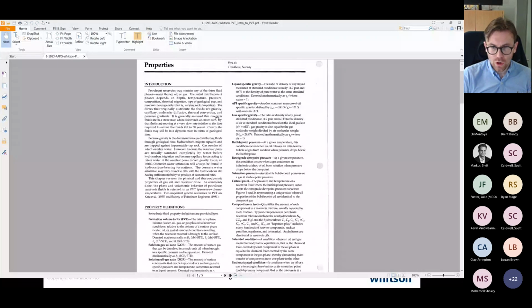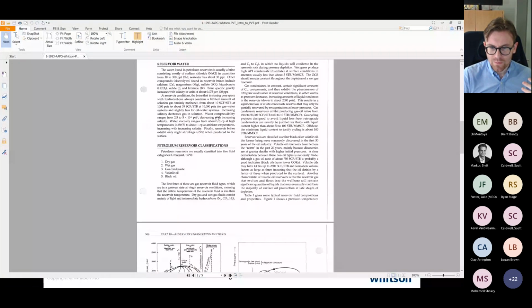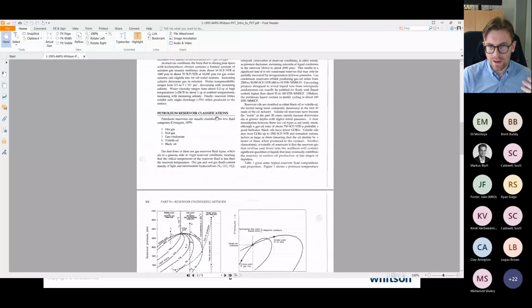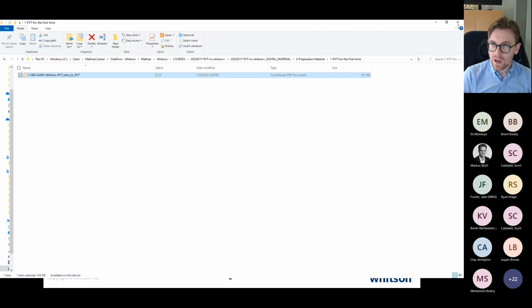And it's just a very nice overview, 2 pages of some of the key nomenclature and definitions related to PVT, some of the most important things. So you can just read through that, or you can use it as a reference. I know a lot of people put it on their walls, etc. It's a very condensed, simple to read document to get introduced to PVT, unless you have done a lot of that in the past.